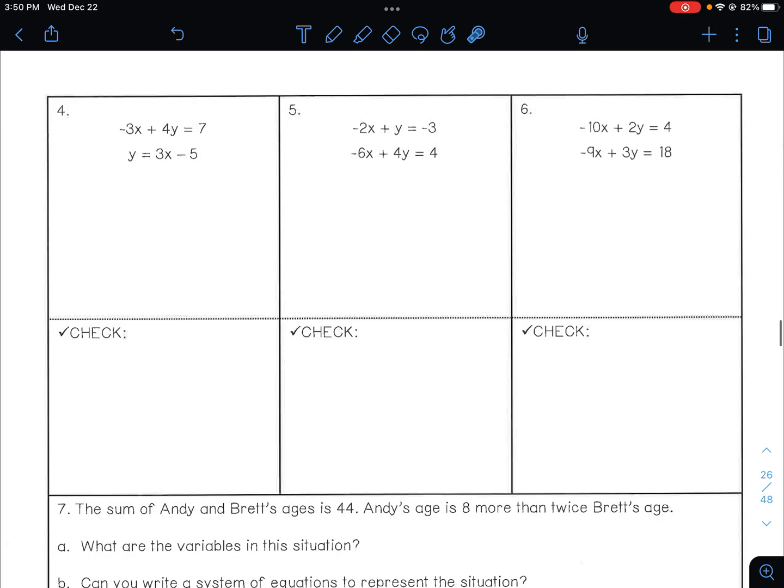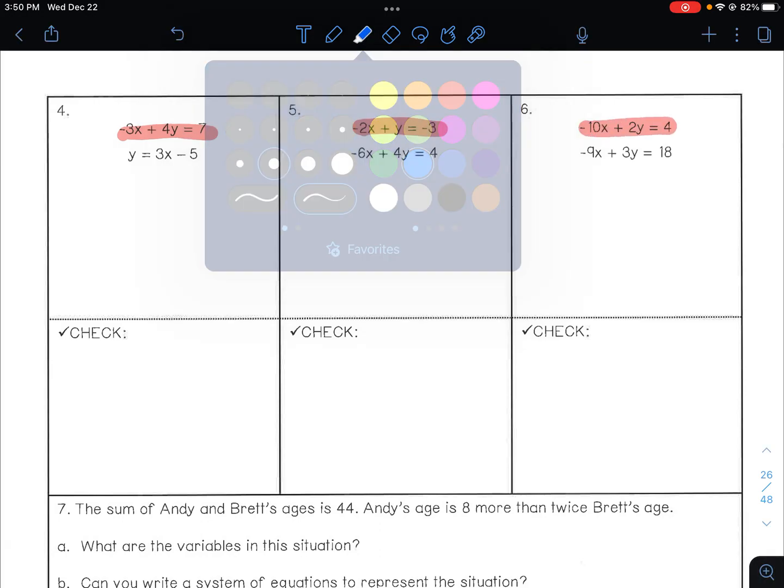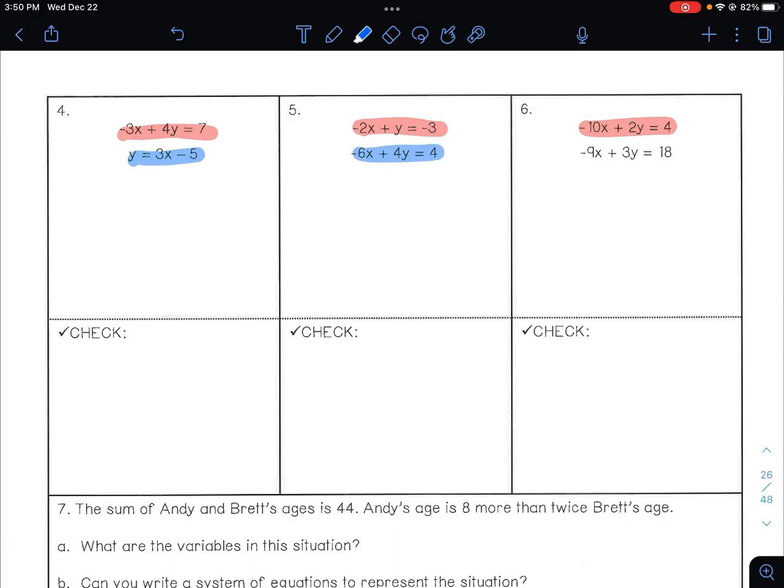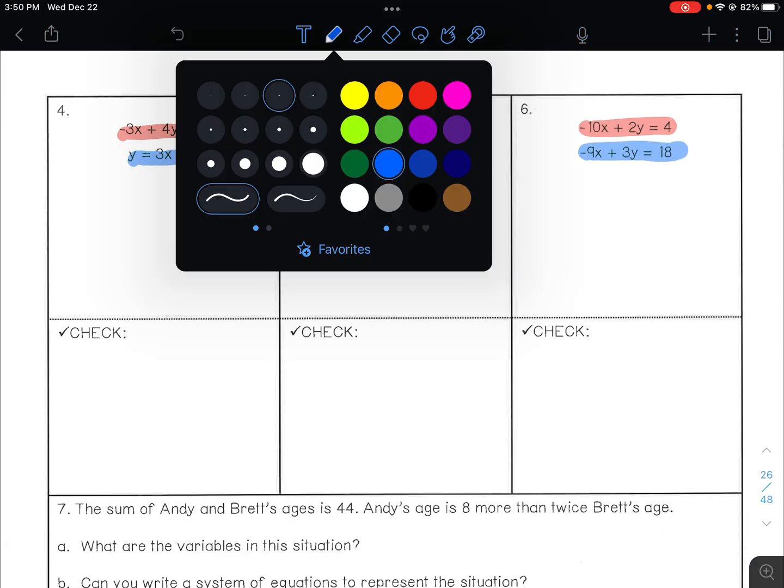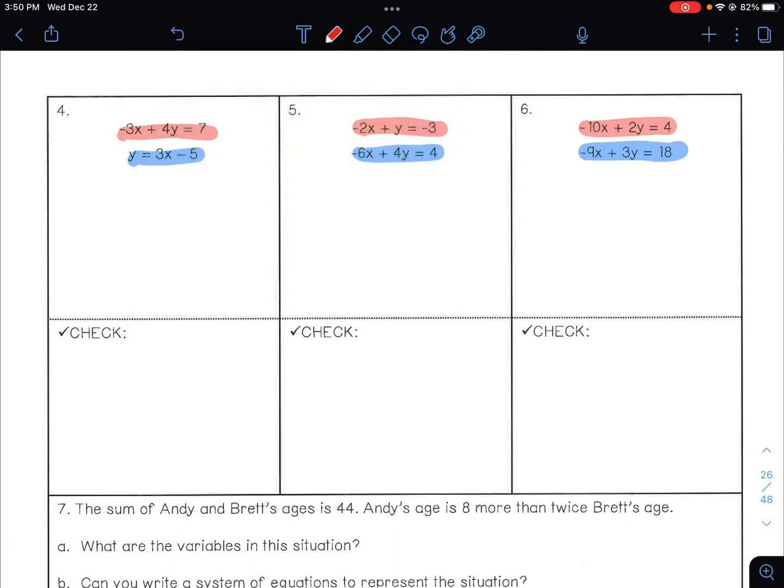Number 24, let's highlight these. In this case, we know y equals 3x minus 5, so I'm definitely taking this y and replacing it with that.